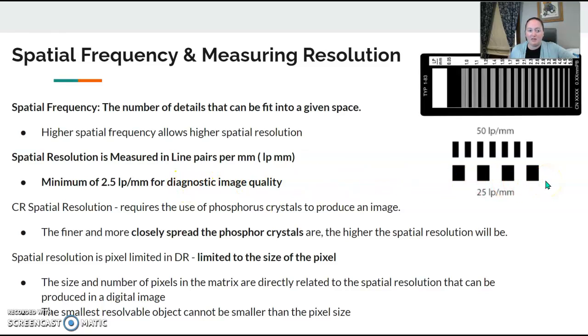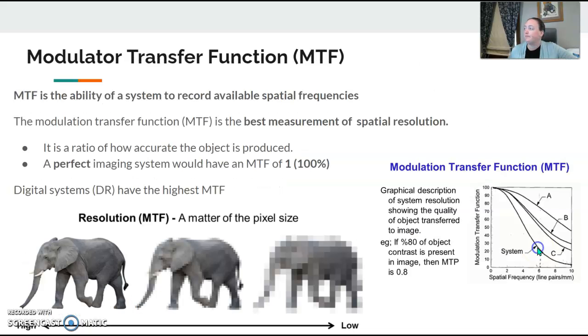So that is the minimum. Sorry again, I can't really talk today. Ideally, we want more. With each advancement, we get better spatial resolution. Right, so CR, then improved to DR, and we're improved. But the spatial resolution is also determined or limited by the size of the pixel for DR.